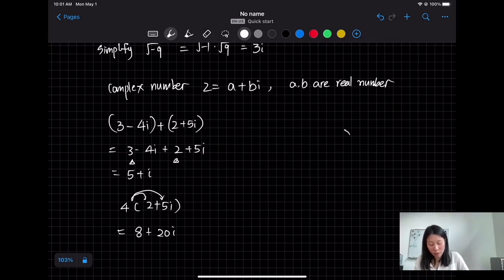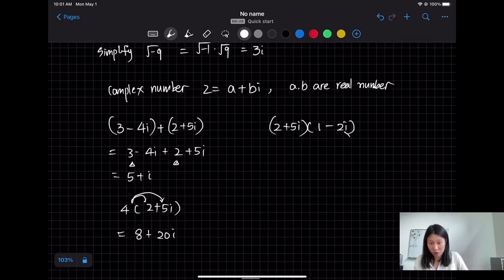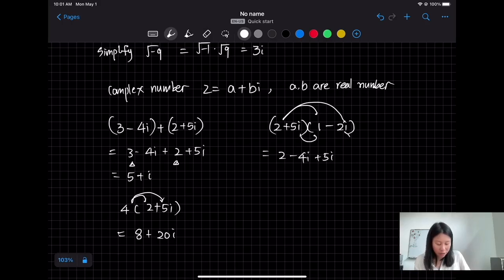But what if I want to multiply two complex numbers? What would you do? Well, we would just FOIL them. 2 times 1, then -4i, and then 5i, and then plus -10i squared, and then simplify it.